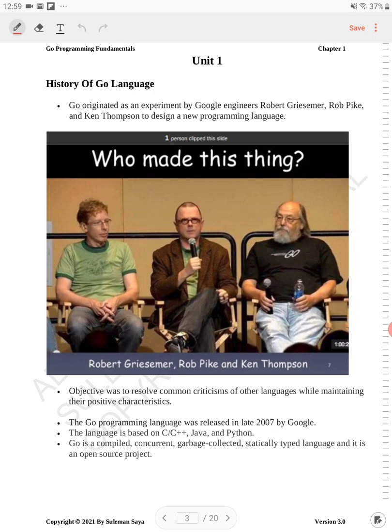After Google decided that Go should be open source, many other companies have been using Go language to develop many different types of applications, especially cloud-based applications, because it makes application writing very simple, very reliable, and it generates very efficient code.